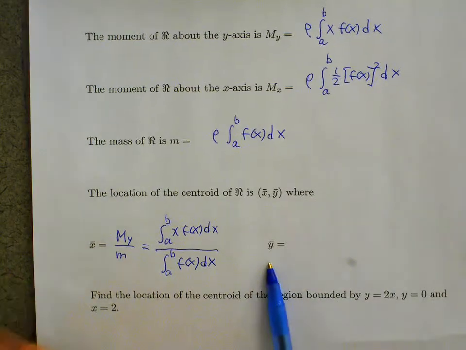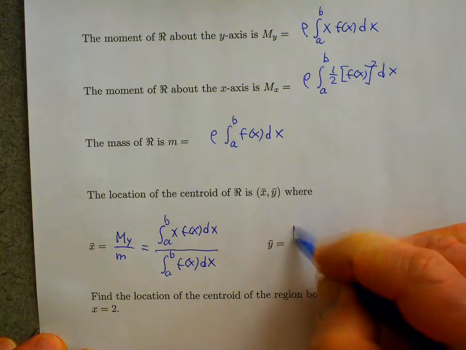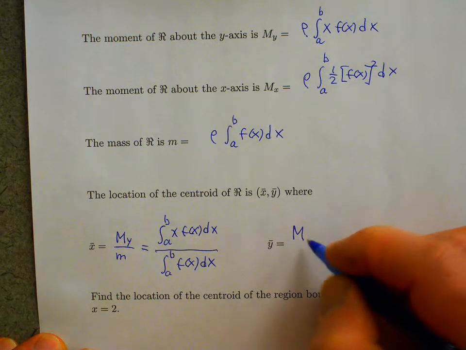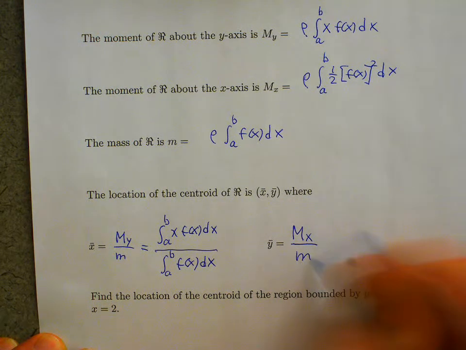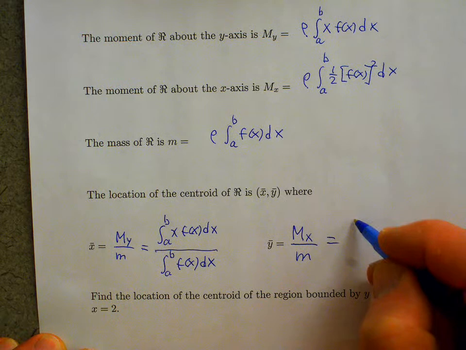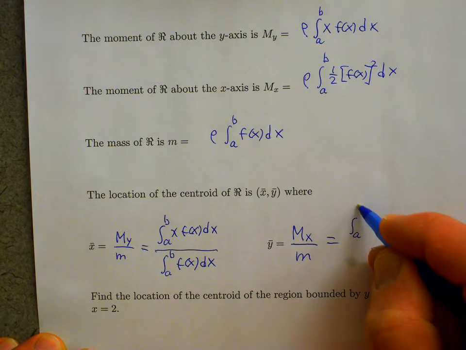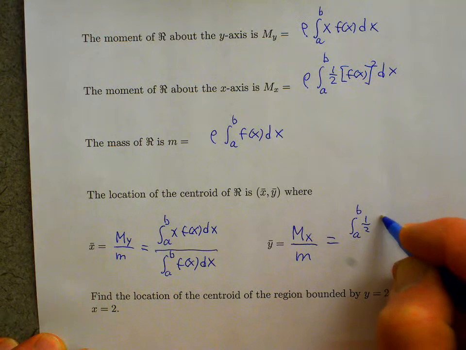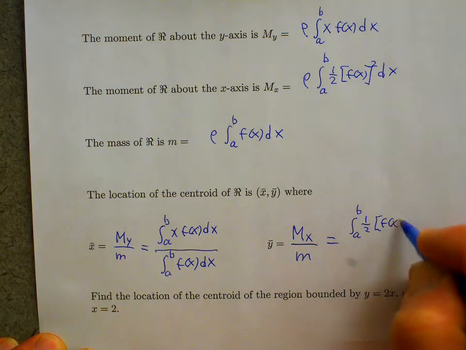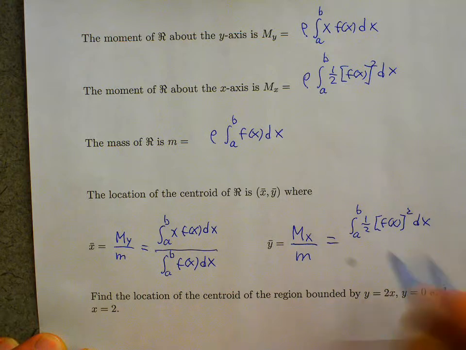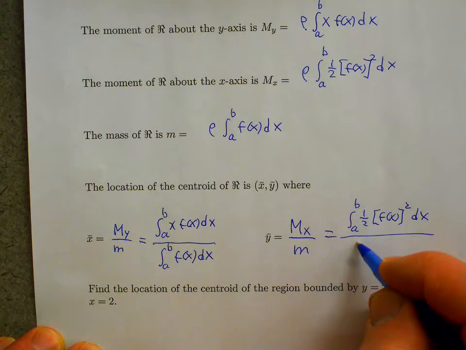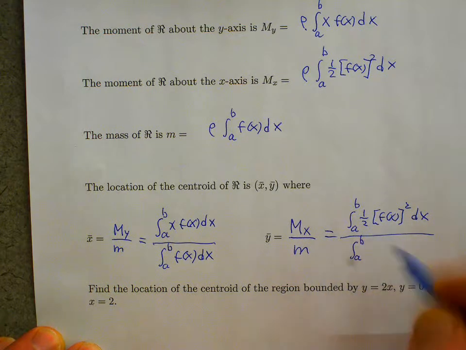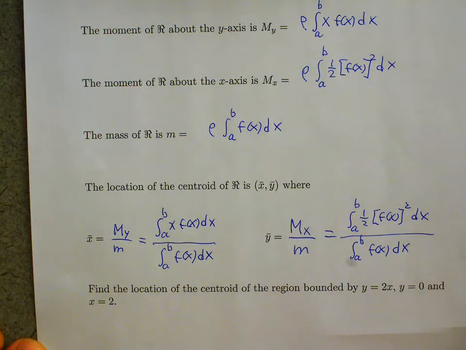And the y-coordinate of the centroid is the moment of the region R about the x-axis divided by the mass. So we get the definite integral from a to b of 1/2 times f of x squared dx, divided by the area of that region, which is the definite integral from a to b of f of x dx. Okay, so that's all there is to it.